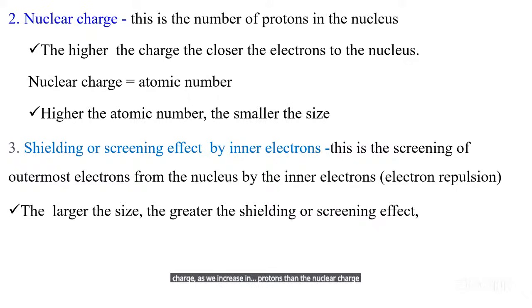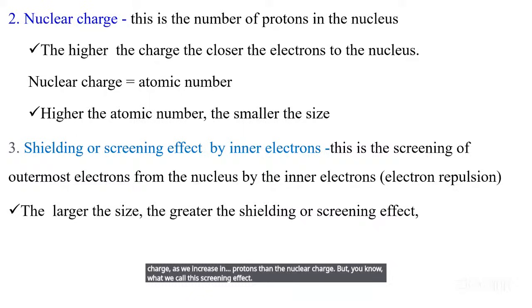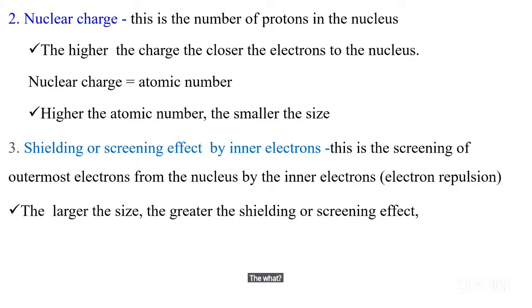What we call the screening effect. When we talk about shielding, you are shielding the what? The valence electrons. This is the screening of outermost electrons from the nucleus by the inner electrons. That is, the valence electrons are being shielded by the inner electrons.